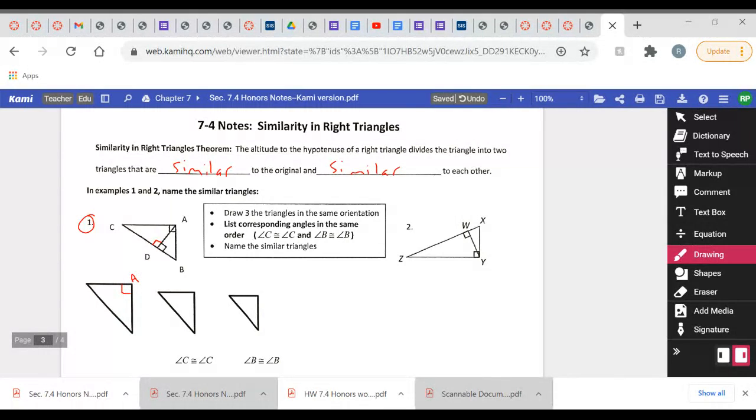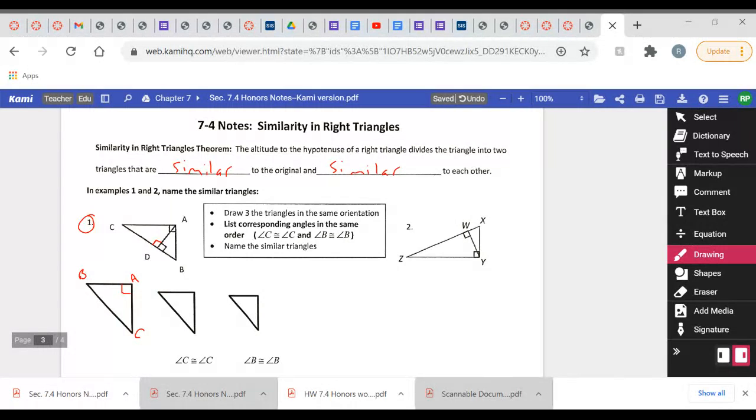The way this is drawn, this is the shorter side, so I'm going to put B up here, and down here is C, which is the longer side. And I want each of my triangles to be oriented the same way. So you can see how they're all facing the same way.